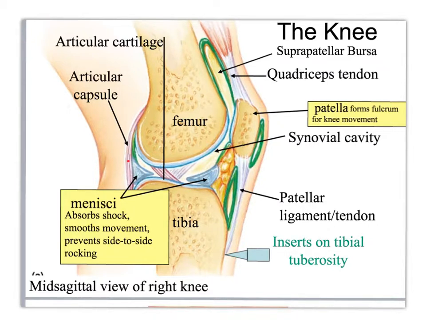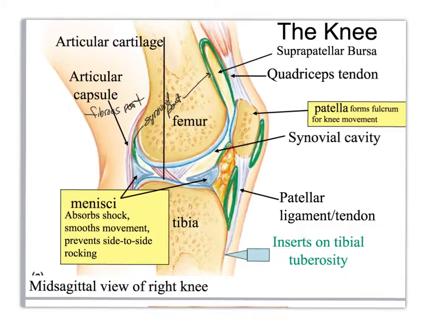Over here on the back side, you see better the fibrous capsule of the articular capsule. So we can write that in to clarify that that is the fibrous part, okay? And then the synovial part is right there.